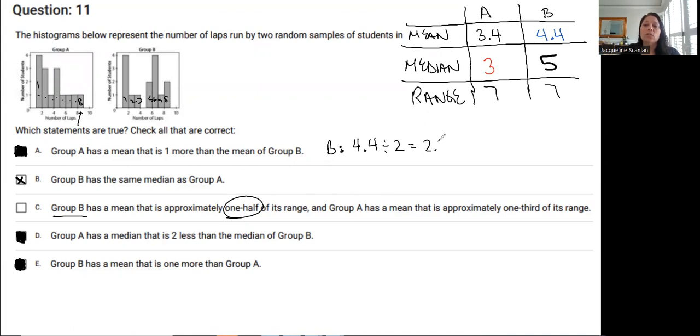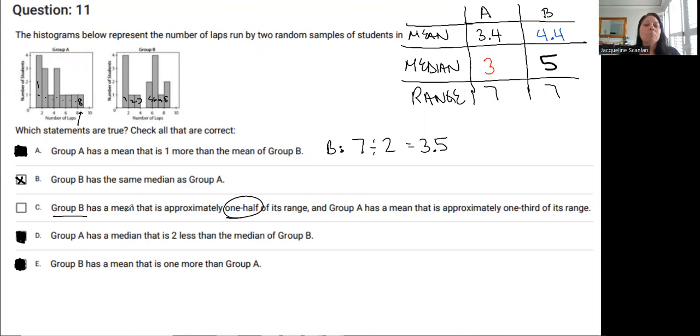I actually get 2.2. Oh, I did that backwards. It's saying half of its range. I have to take the number 7, the range, and divide it by 2. 7 divided by 2 is 3.5.